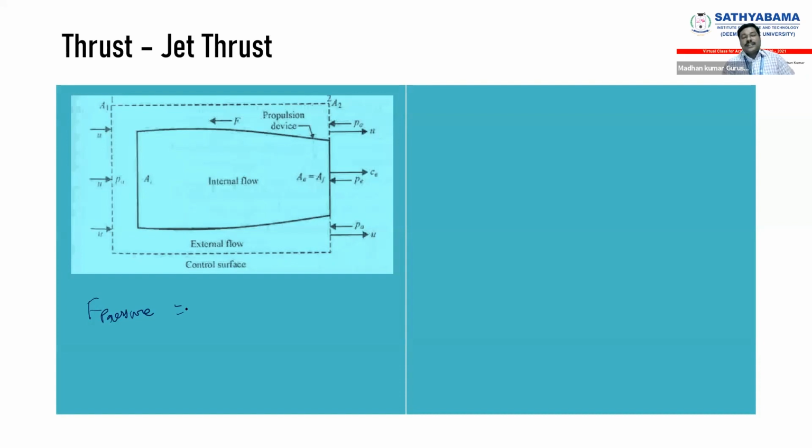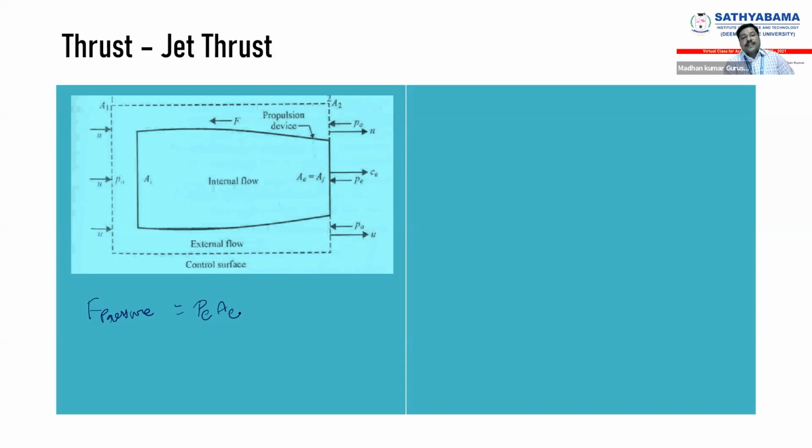Considering the exit pressure PE and the exit area AE, the pressure force at the exit will be PE and AE.